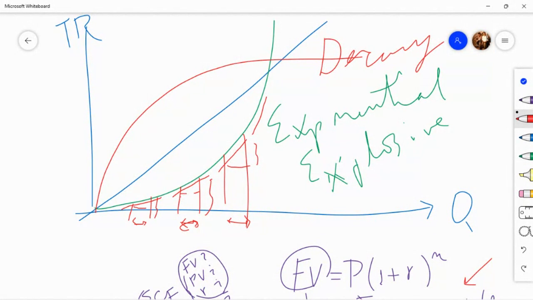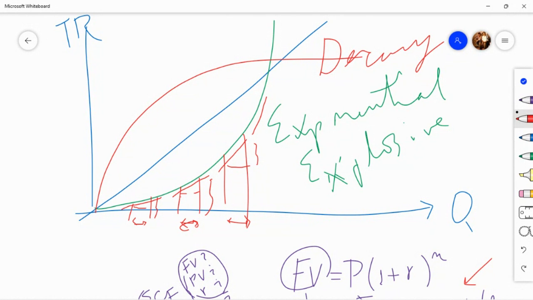The magnitude of change in the vertical axis is much higher, much greater. So the rate of change is getting higher.